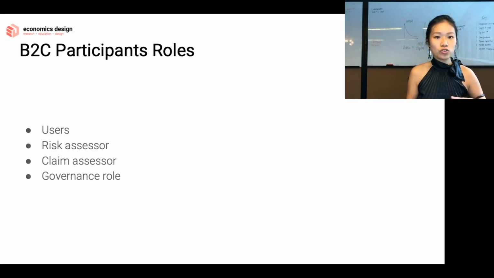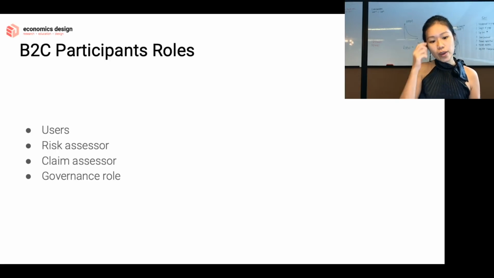And there are ways to increase their participation. With users or members, you want them to be purchasing more insurance covers. And as DeFi continues to grow, as new people are coming into the system, that's how you have new users as well. For risk assessors and claims assessors, as you have more protocols in place, then you have more of these risk assessors assessing the different smart contract risks.